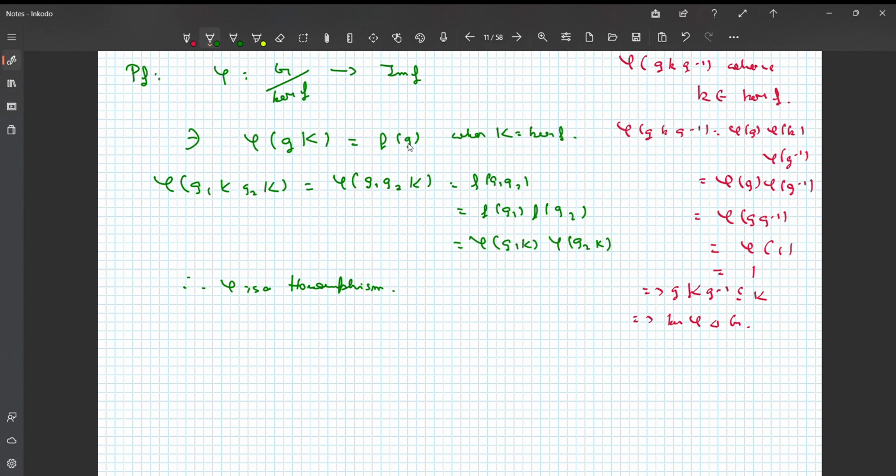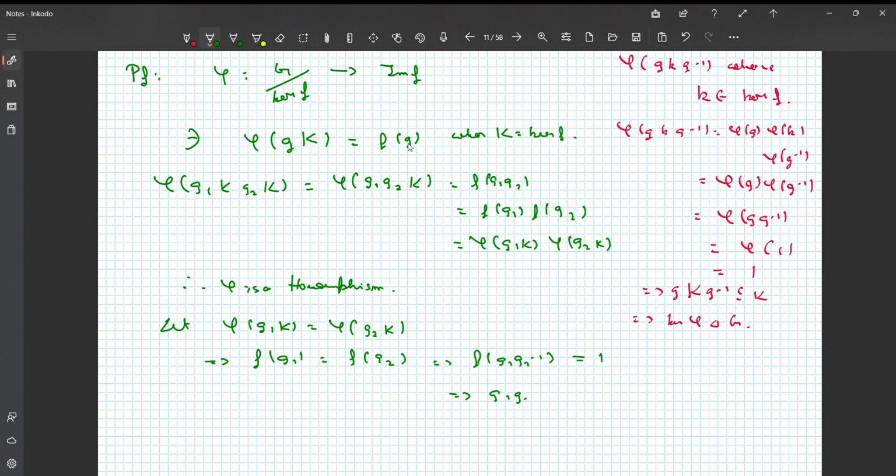Now we need to check whether it's 1-1 or not. Okay. So let phi of G1K be equal to phi of G2K. But that implies F of G1 is equal to F of G2. So that implies F of G1 G2 inverse is equal to 1.